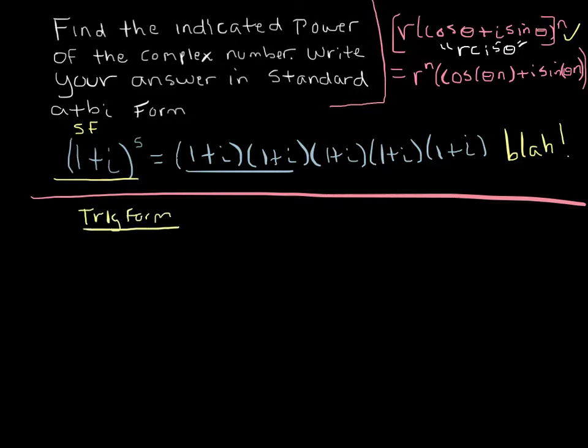So I go to my complex plane and I graph 1 plus i. So 1 plus i is right here. That means that's a 1, that's a 1. My hypotenuse is root 2, and my theta is 45 degrees.